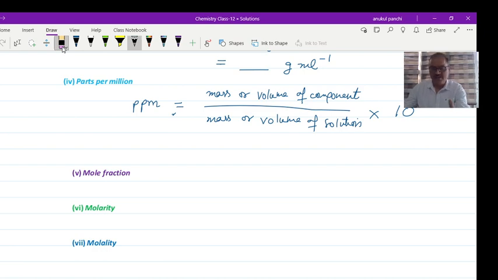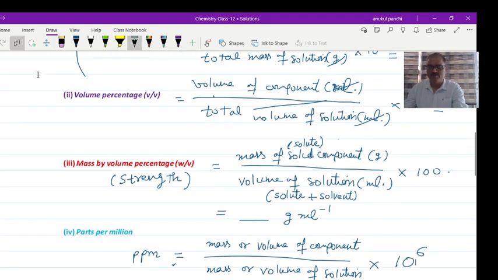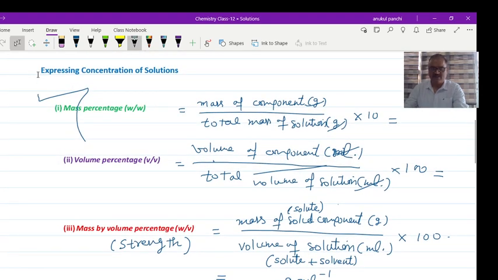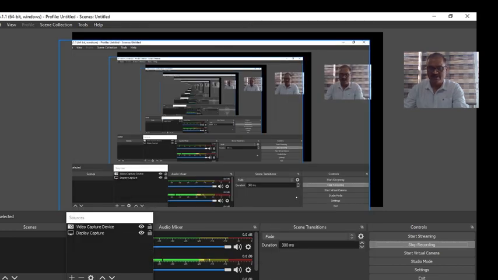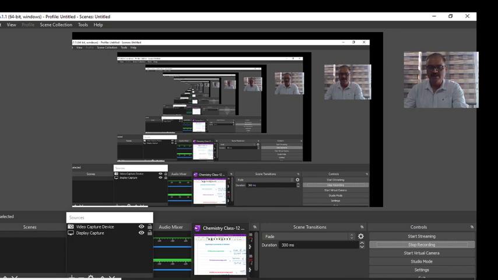If we take volume upon volume, then it will become volume per million. And if we take mass upon volume, it will become mass upon volume ppm or strength ppm. Okay. Means in all these three formulas, if we replace 10 raised to power 2, that is 100, by 10 raised to power 6, that is million, then all these formulas become formulas of per million. From percent, these formulas become formulas of per million.